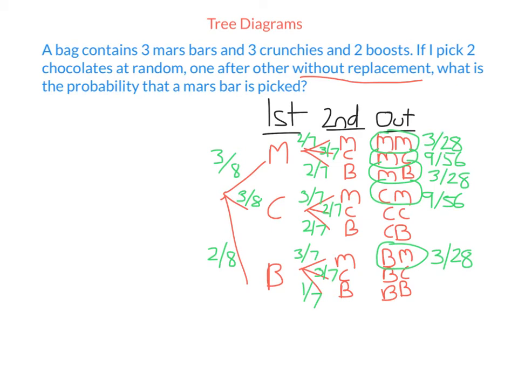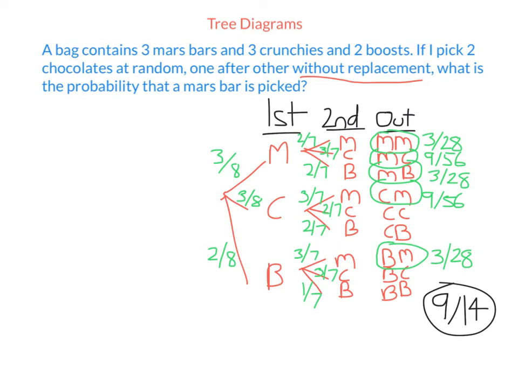Because all of these events are mutually exclusive, the probability this or this or this or this or this happens is just the sum of all their probabilities. So if I add up all of these 5 numbers here, I get 36/56 or 9/14. That's my answer. The probability I get a Mars bar, adding up all these, gives me 9/14.